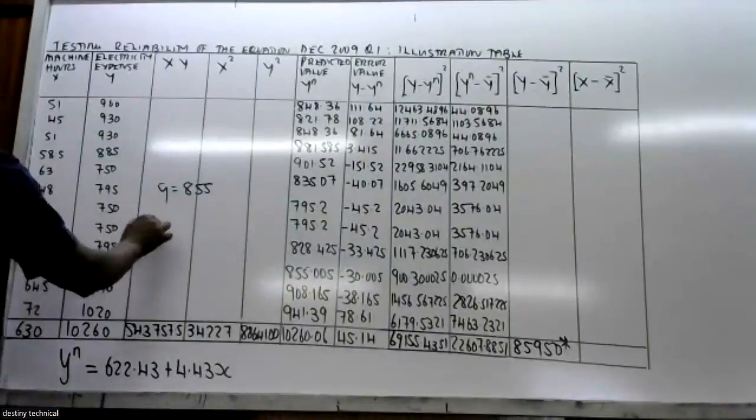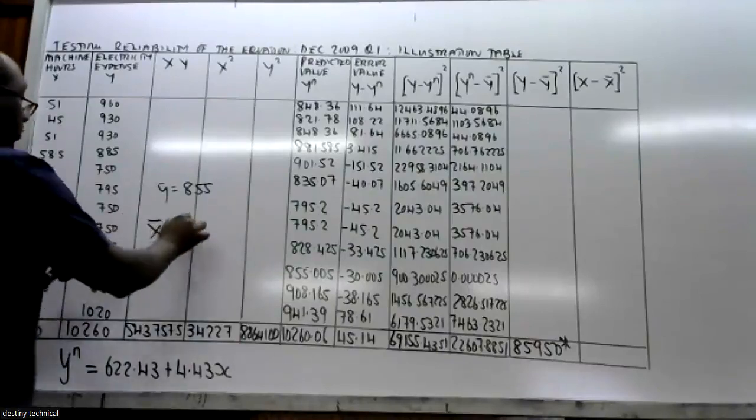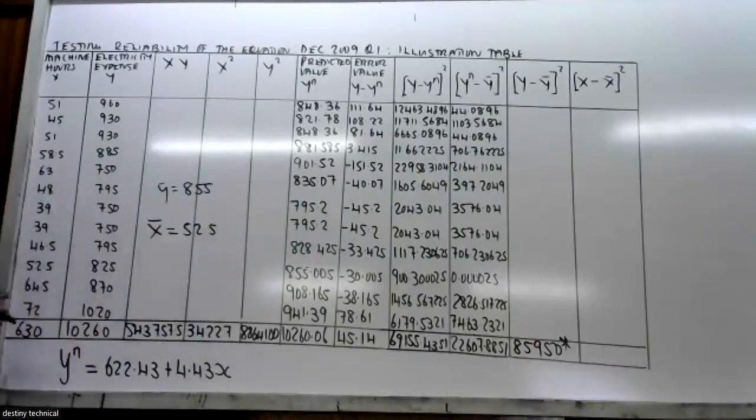The x bar tulikuwa tumepata 630 divided by 12 ilikuwa 52.5. So let me do the same.